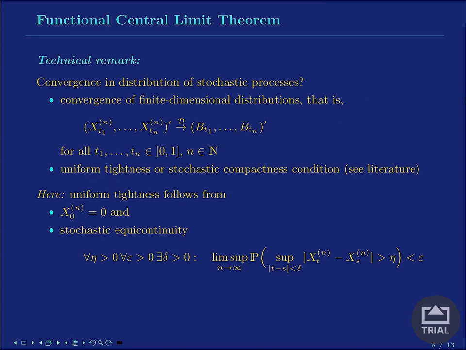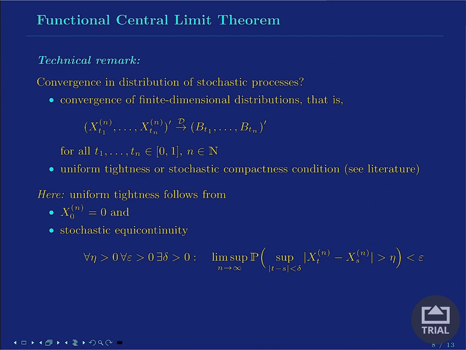And for instance, uniform tightness follows from starting point 0 having this stochastic equicontinuity condition where we require that the probability for the process, the nth process in the sequence, that if we look at the process at two different time points being not more than delta away, that for such points we have a deviation larger than eta, that this probability is smaller than epsilon, at least in the limit.